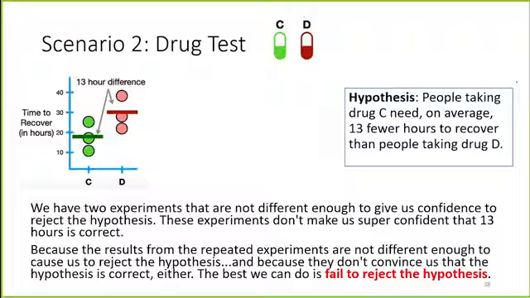So because of this, usually we don't say the hypothesis is correct. We will say that we fail to reject the hypothesis. So you only have two choices, reject or fail to reject. Okay.